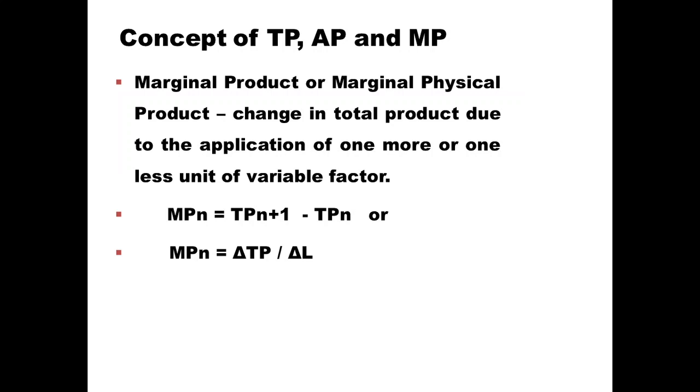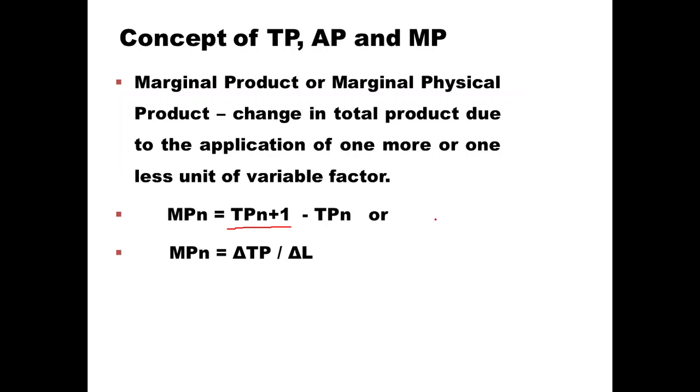Or, by increasing one labor, how much the total product increases because of this one labor is known as marginal product. One more or one less, you can measure it both ways. So the marginal product of the nth labor can be calculated as total product of n plus 1 labor minus total product of n labor. Suppose n is 10, so 10 plus 1 will be 11.